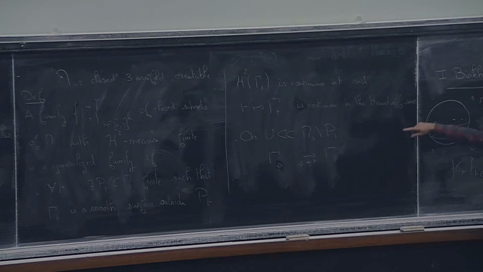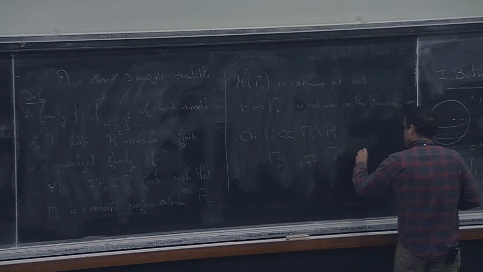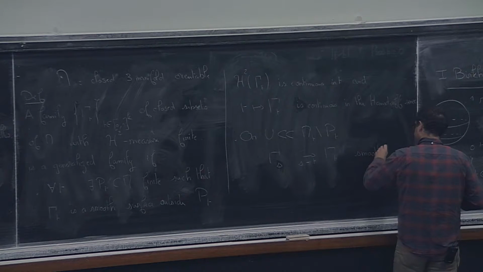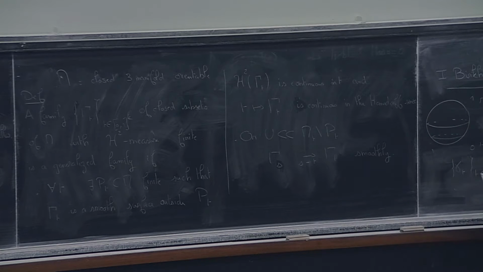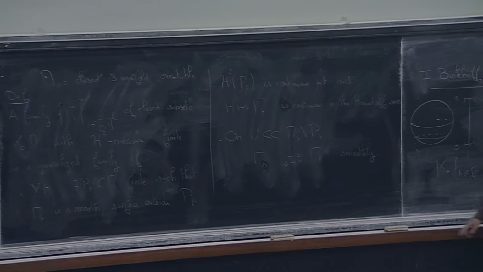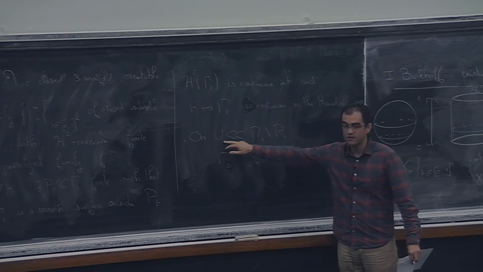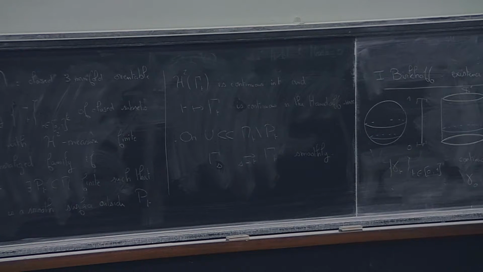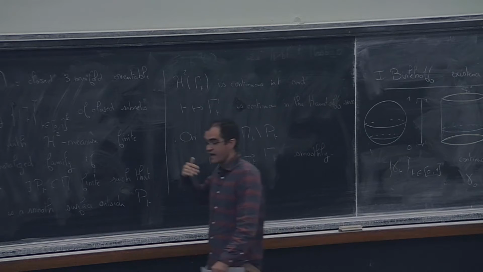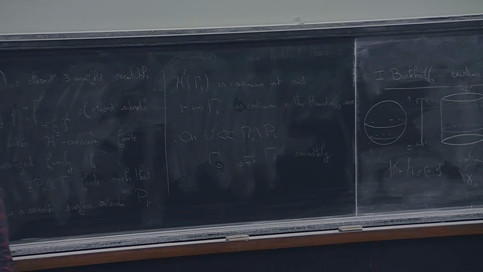So here I assume something about the convergence of gamma s to gamma sub t in the Hausdorff sense, and here I want something more. I want this smooth convergence, smoothly. What I mean by smoothly is just that I want that for s very close to t and inside U, gamma sub s is a graph, can be described as a graph over gamma sub t. And this graph is given by some smooth function, and when s goes to t, this smooth function goes to 0 smoothly.